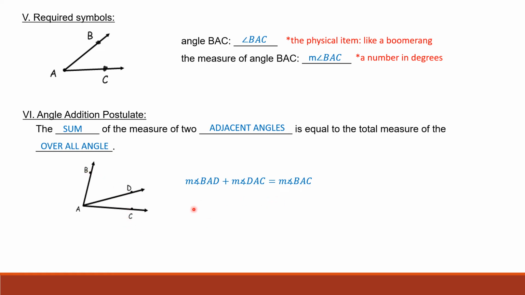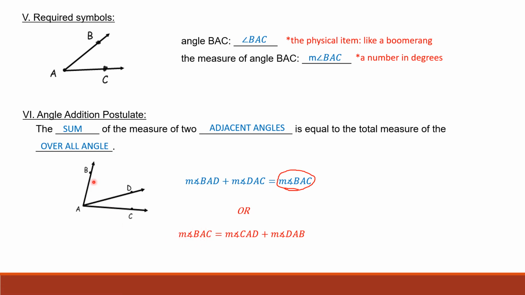So the question has come up, and it came up during segment addition postulate: do you have to do it in the order that you're showing us? Not really. The important part is that you understand that the overall angle is by itself. So another example of what this may look like is, let's say I started with the overall angle first.